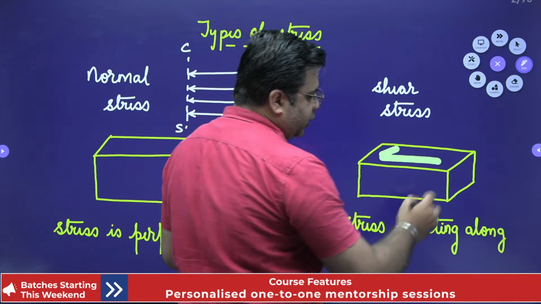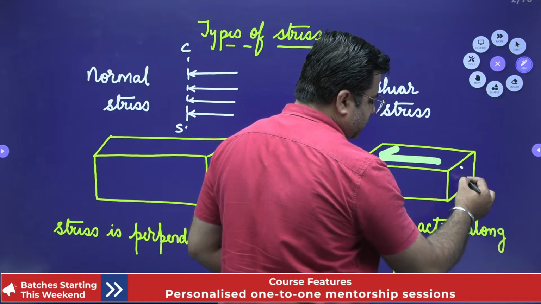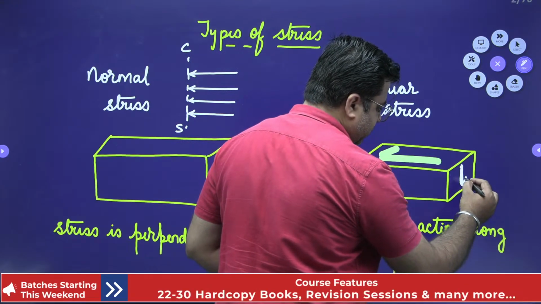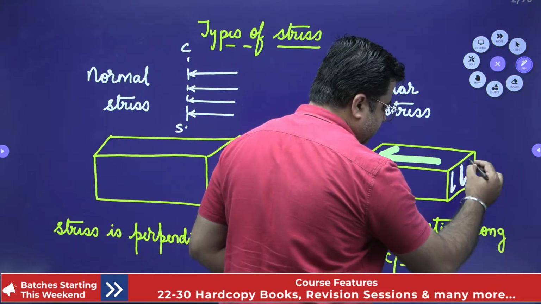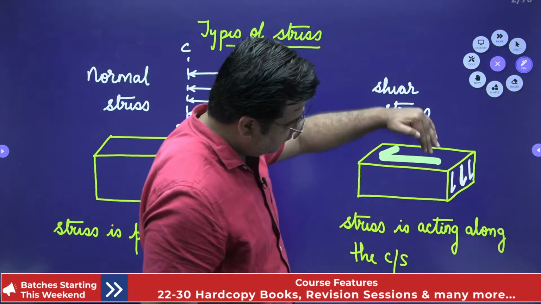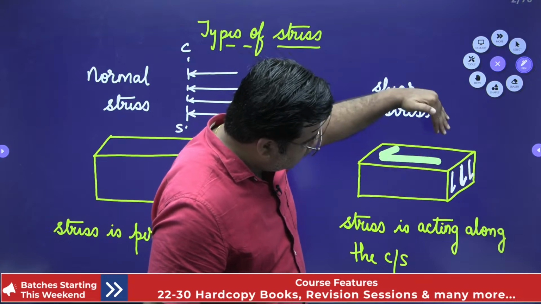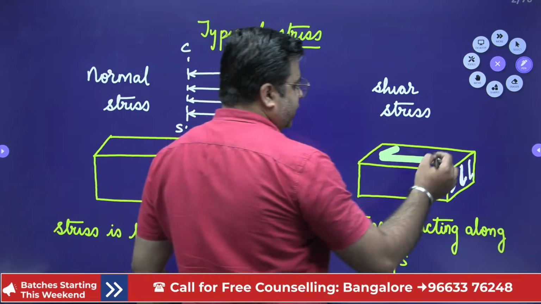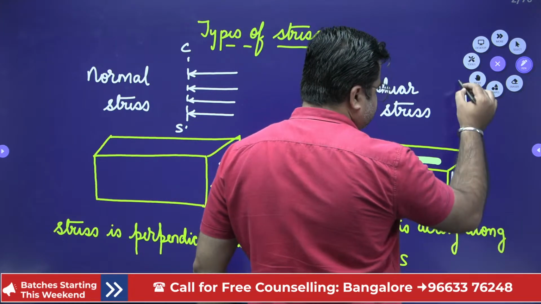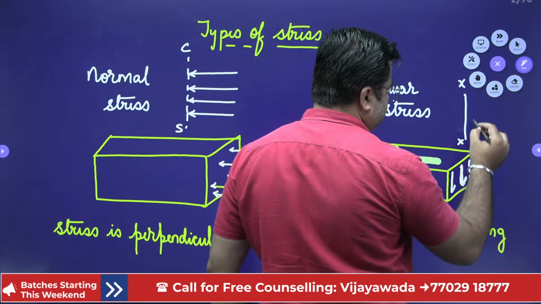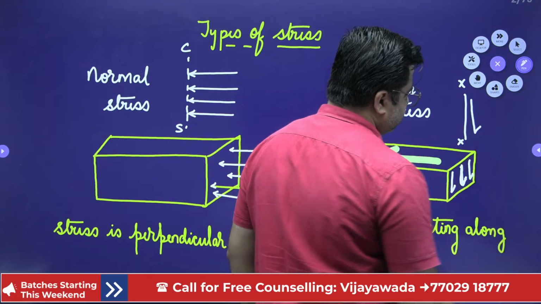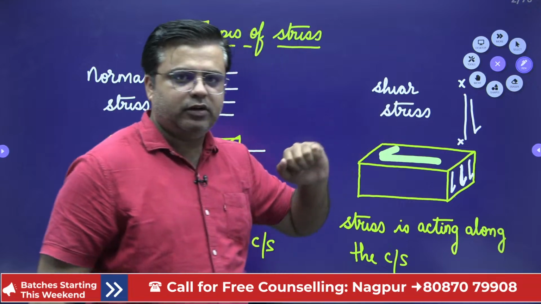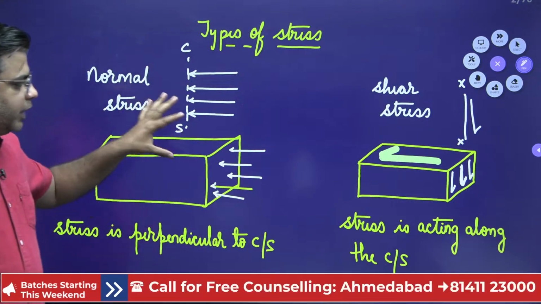If you look into this cross section, this stress will be acting like this. This is the stress which is acting along the cross section. If you take this cross section, shear stress will be acting along it. Or if you like to draw the sectional diagram of section XX, it will be like this. This is the shear stress which is acting along this cross section. Okay. So these are the two varieties of stresses.